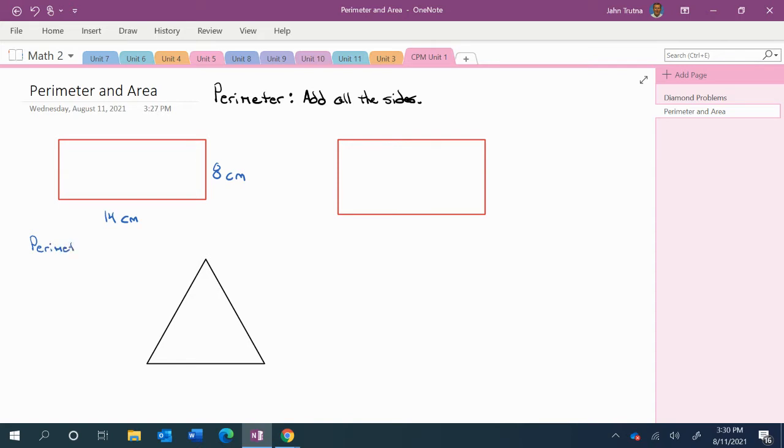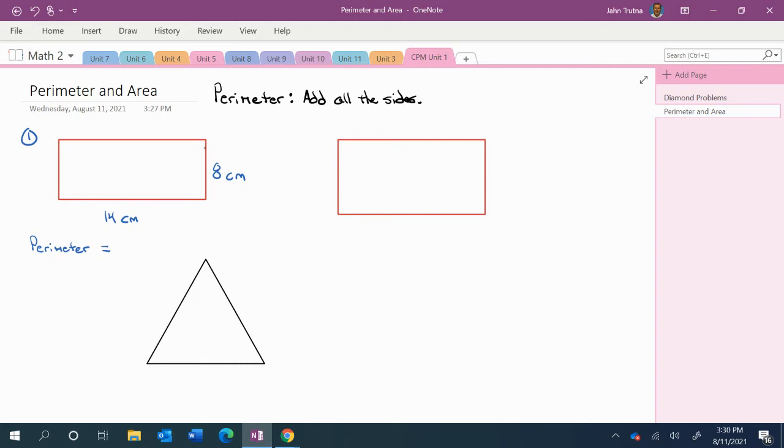Now, some of you might be thinking, wait a second, Mr. Trutna, I think that you've lost your mind. You said to find the perimeter, we need to add all the sides. And in number one right here, we don't know how long all the sides are. We surely know that the bottom is 14.